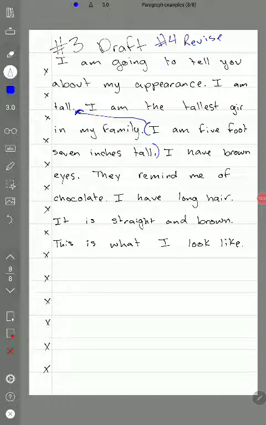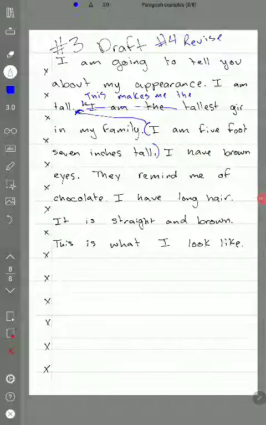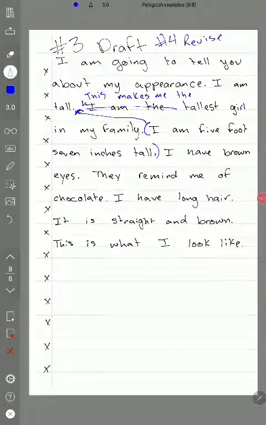I am 5'7" tall. And then I can use the word this: this makes me the tallest girl in my family. Oh, see, I got to fix the word girl here. A little bit of editing.